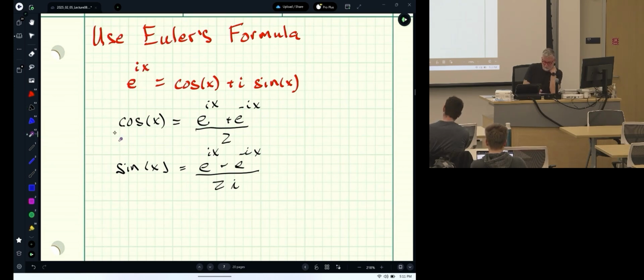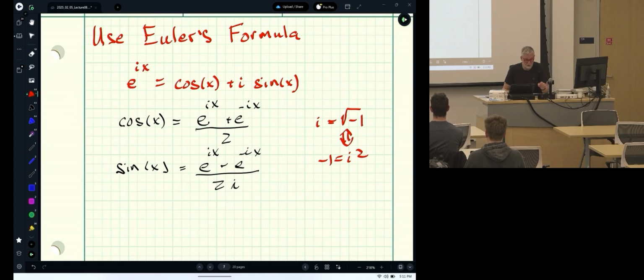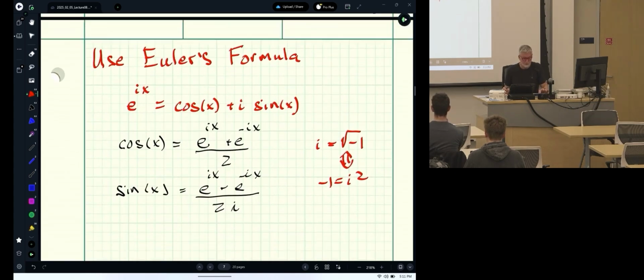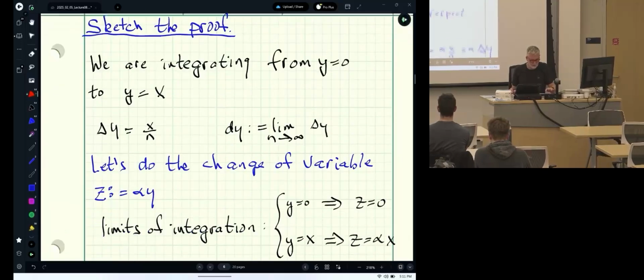Okay, so what you observe is that cosine is a sum of two exponentials, so is sine. The only difference is now we're using the unit in the imaginary numbers, and you would need to go through and just redo this last calculation.